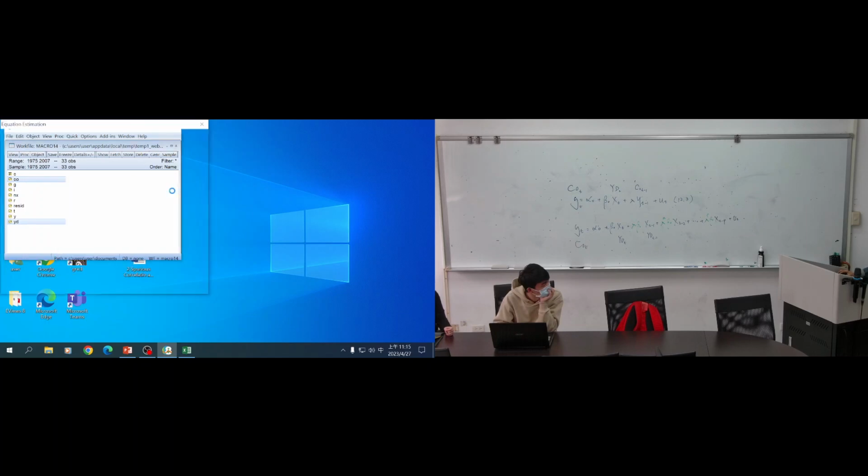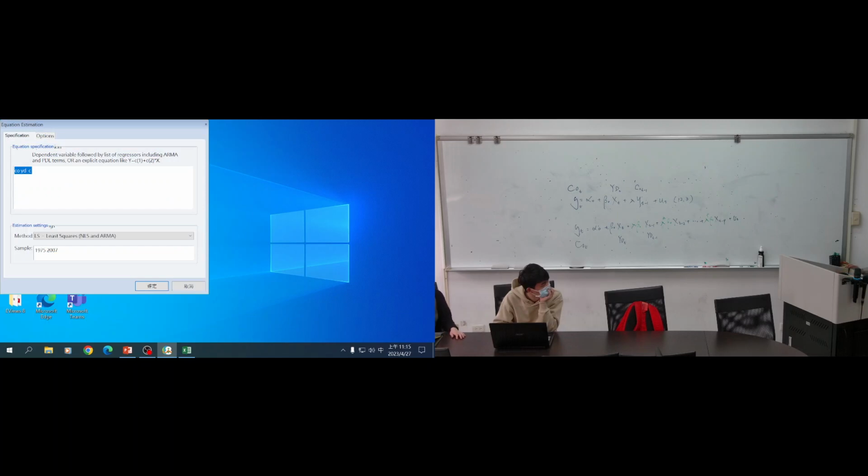Open as an equation. Since I need one more x variable, which is the lag of y, what I do here in eViews is type CO with one lag, for instance minus 1.